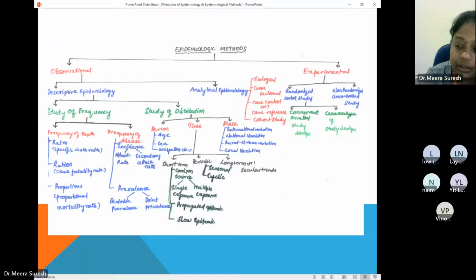From the mean, if it is above 2 standard deviations, which means 95 percent of cases may be included in that. That's actually a statistical calculation. So from the mean value that should be present in a particular area, if it is more than 2 SD, then it is considered an epidemic disease.